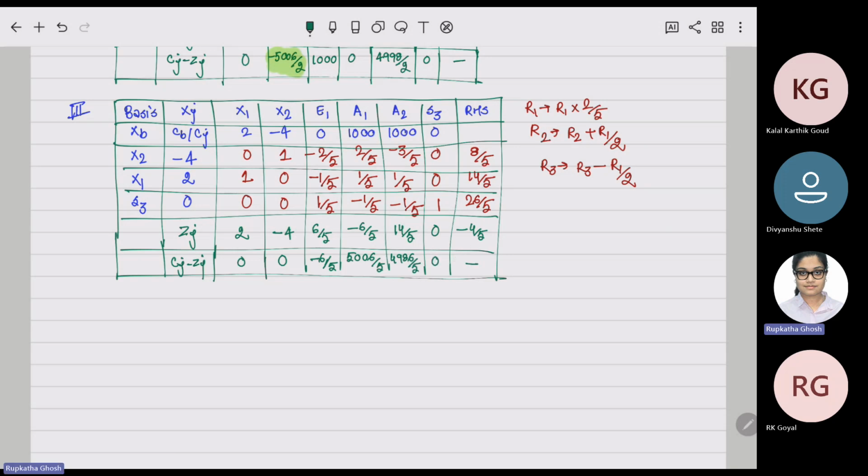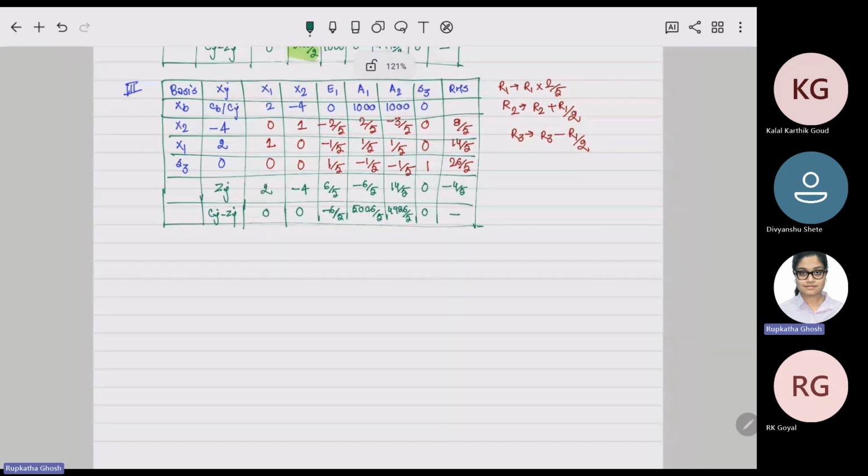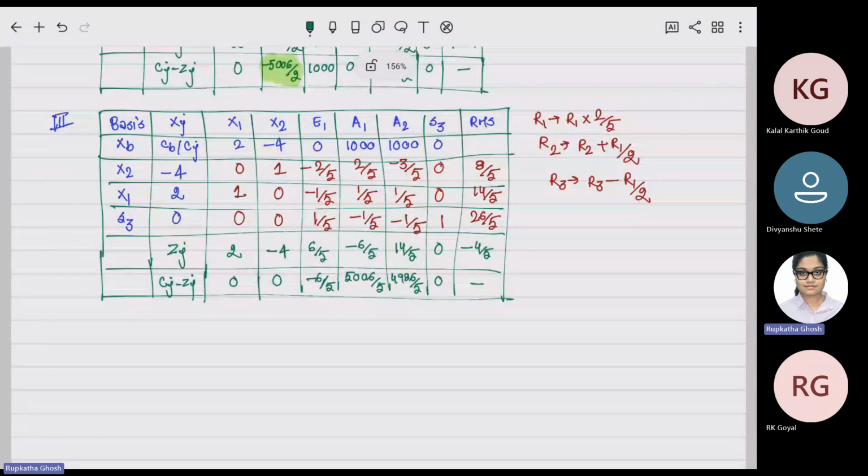This is not needed. Okay, so same thing. Now you have this. I think this should be the final tableau that we are going to have. Likewise, you will have to compute the ratio. See, you can already see that this is the value.